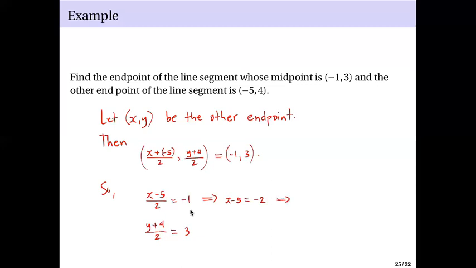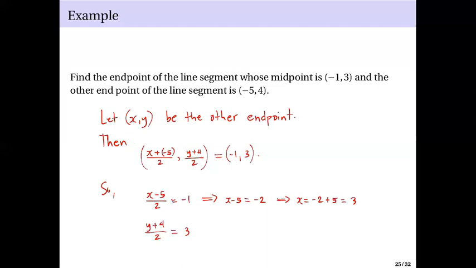Or you have your x equals negative 2. You put this minus 5 from the left-hand side to the right-hand side, it becomes plus 5. And minus 2 plus 5, this is equal to 3. So the x here must be equal to 3.